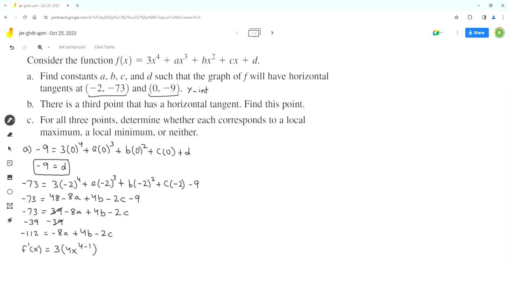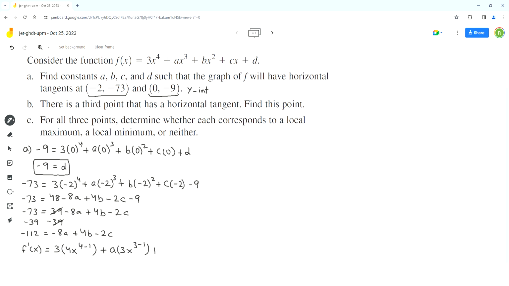As per the power rule, we move the exponent to the front and then we subtract 1 from the exponent. Then plus, in the second term, the coefficient a will stay as it is, and for x^3, we'll use the power rule. We'll move the 3 to the front and subtract 1 from 3.